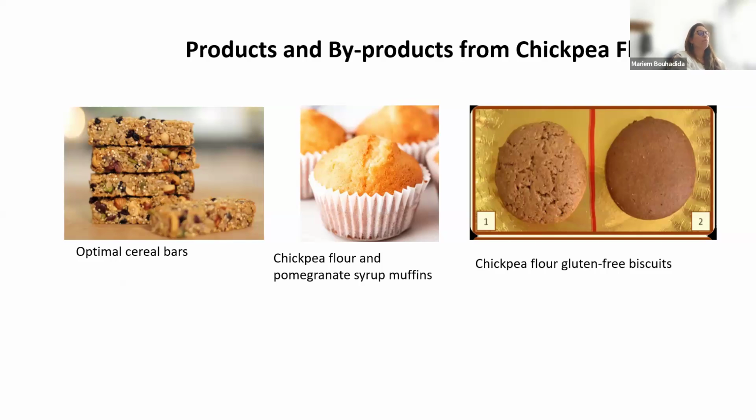Here you can see, for example, cereal bars, chickpea flour, and muffins based on chickpea flour and pomegranate syrup, and gluten-free biscuits. So we think it is very important to think about the valorization of chickpea in the whole value chain.